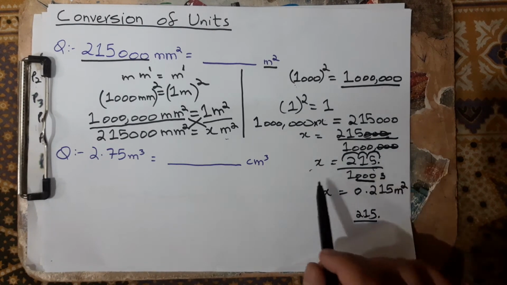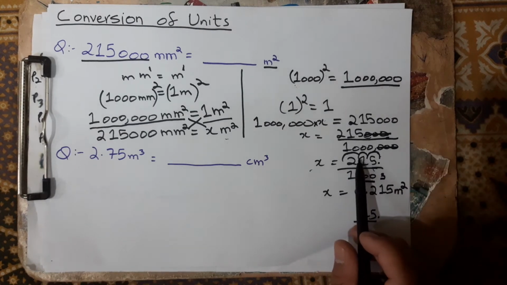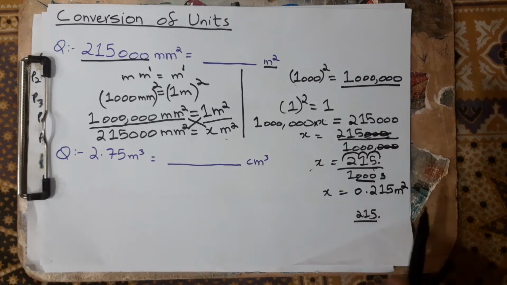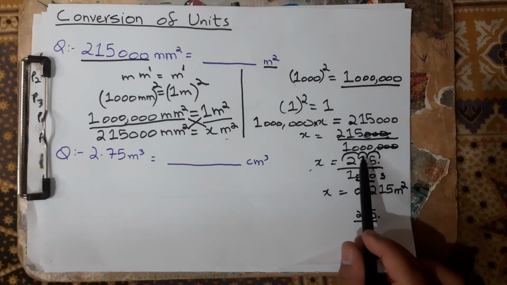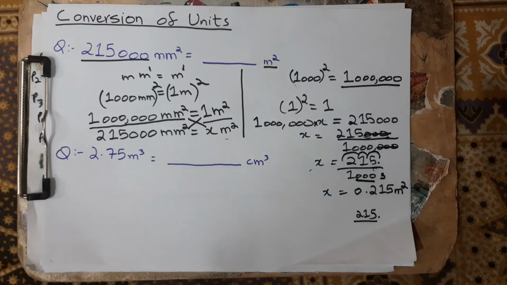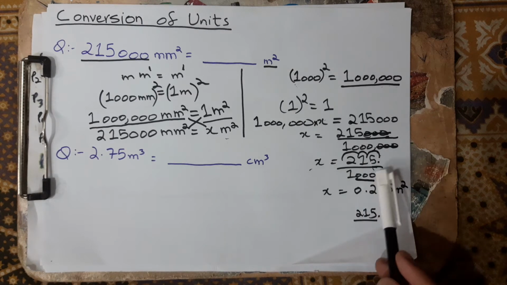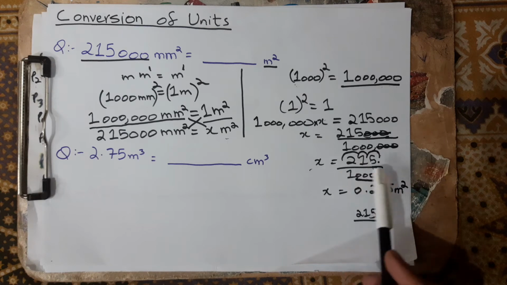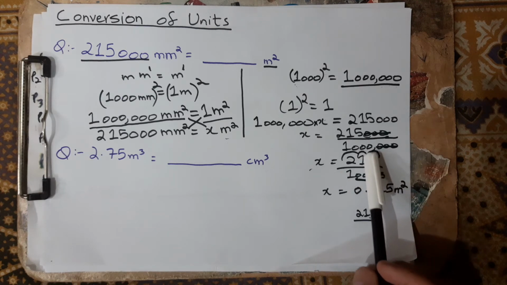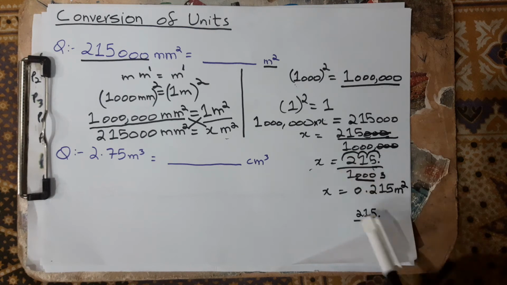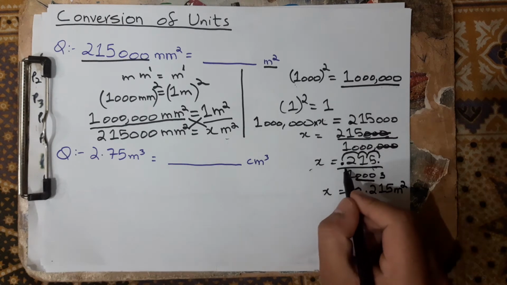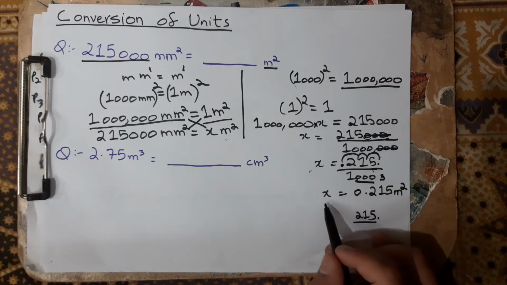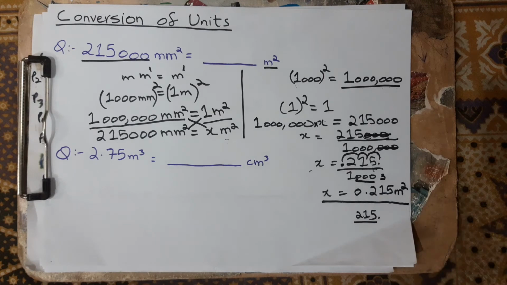If we were multiplying it with 1000, the decimal would move three places forward, but in this case it is being divided by 1000, so the decimal moves backwards because the value will decrease. So the decimal will come before 2, and the value we get is x is equal to 0.215 meter square.